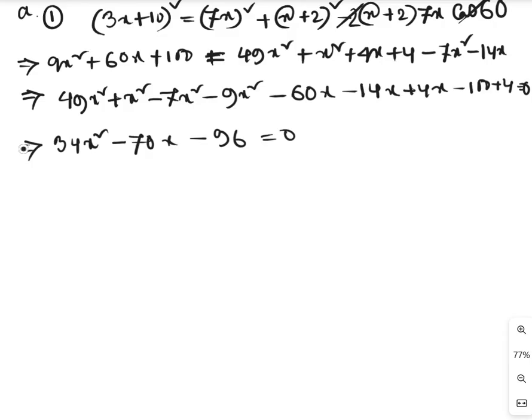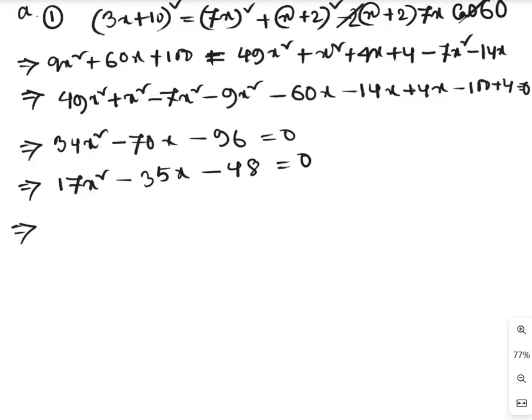Now we have to do the middle term, so let's simplify this one first. Let's divide the whole equation by 2, then it will become 17x square minus 35x minus 48 is equals to 0.